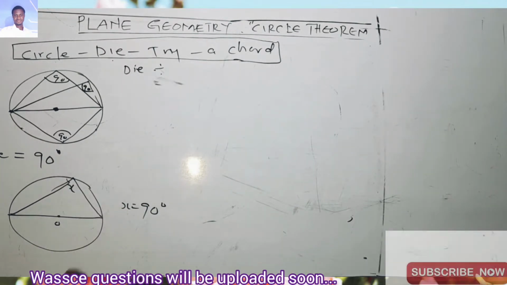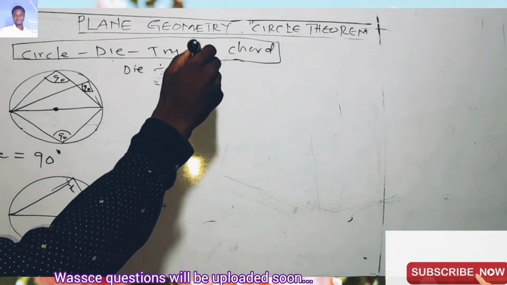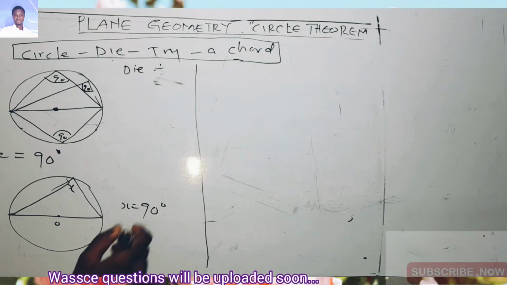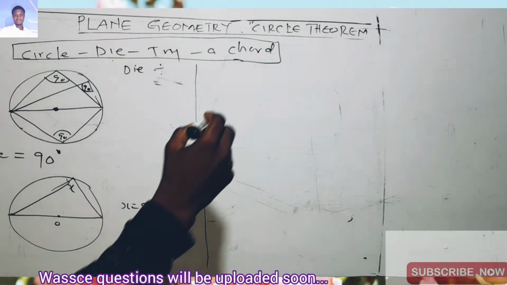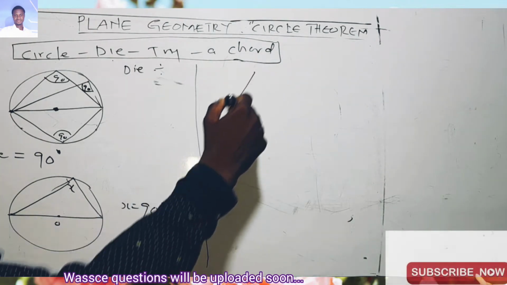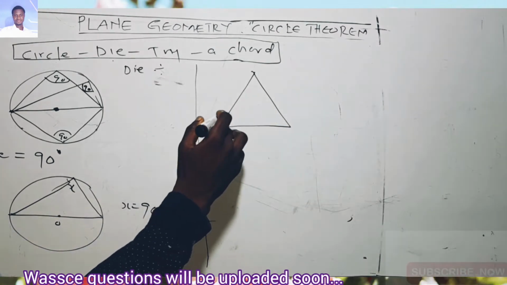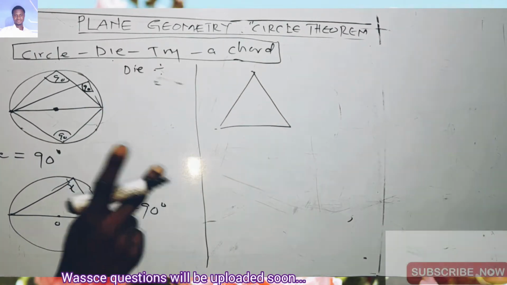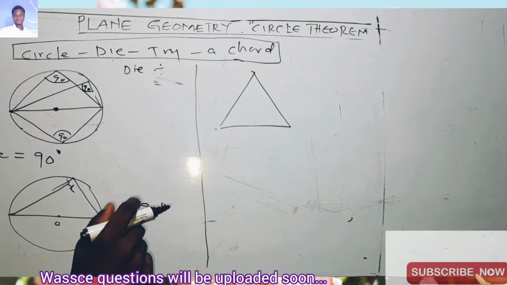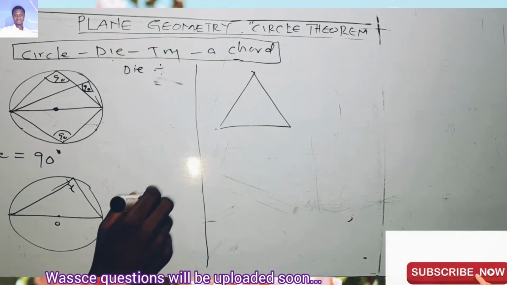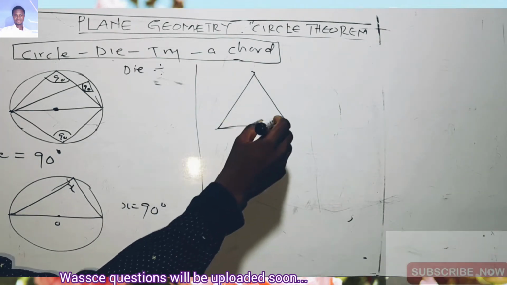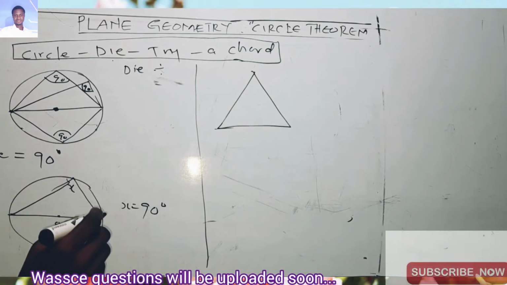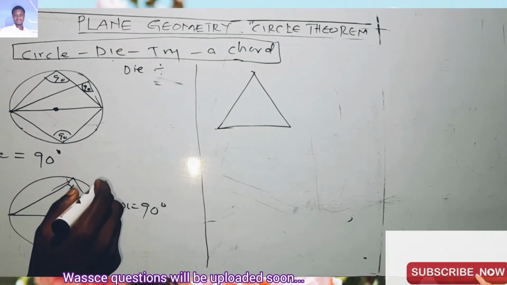Now let's look at the triangle. For the triangle, there are two key things I would like you to know. First, we have the isosceles triangle.